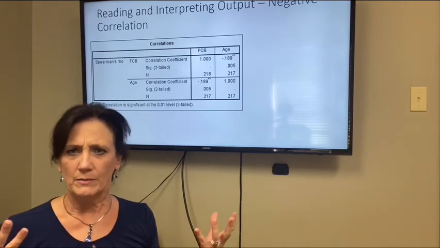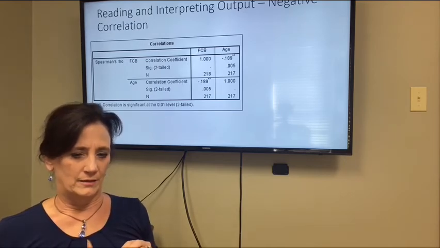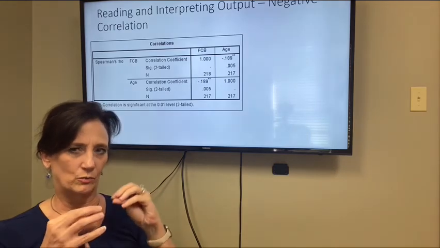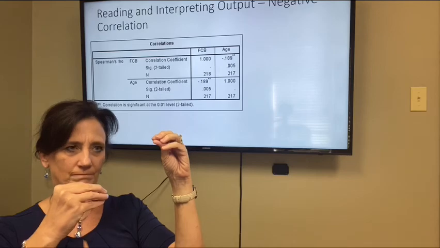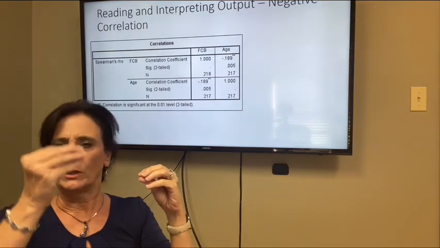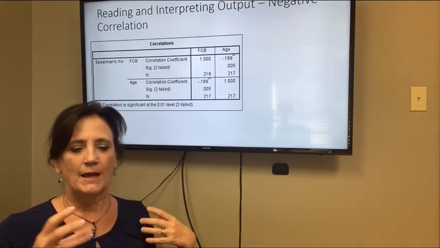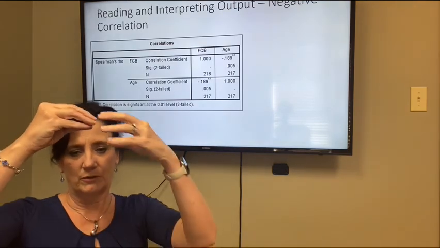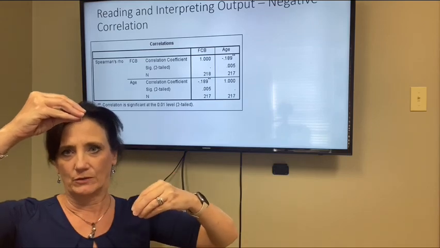We should talk about interpretation a little bit though. As food consumption behavior goes in one direction, age goes in the other direction. We don't really know which one's going which way, but let's just say that as age goes up, food consumption behavior goes down.